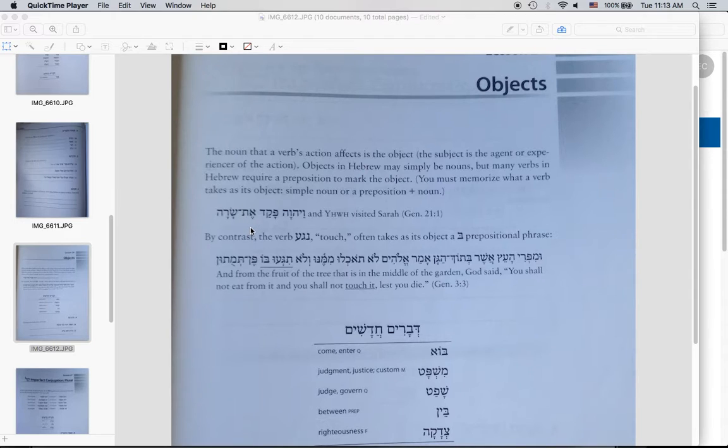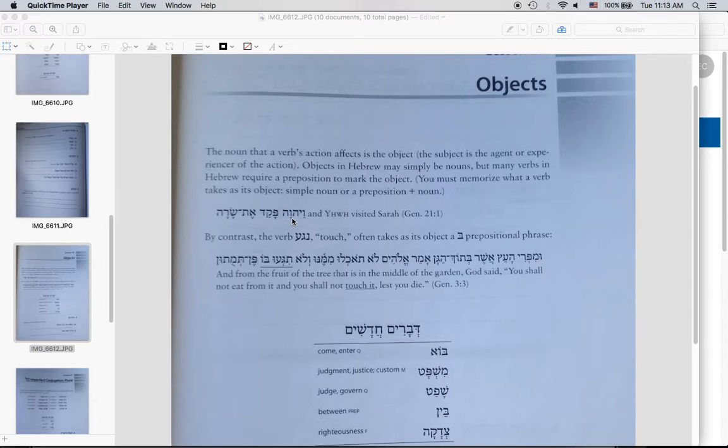But this is helpful for us to think about objects. So here is our subject. The subject is doing the action. Here's our object. The object is the one who is being affected by the action of the verb. So the Lord is the one visiting, and Sarah is the one being visited. So Sarah is the object.